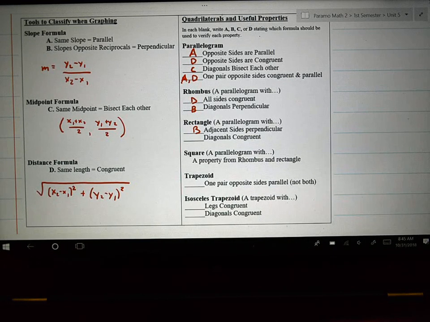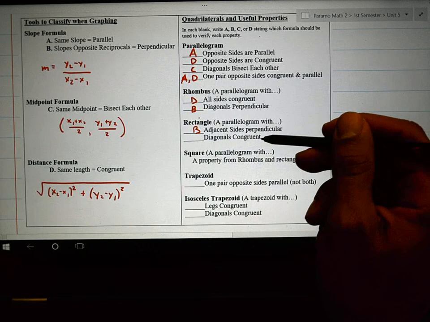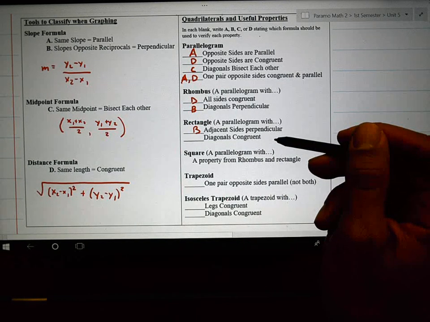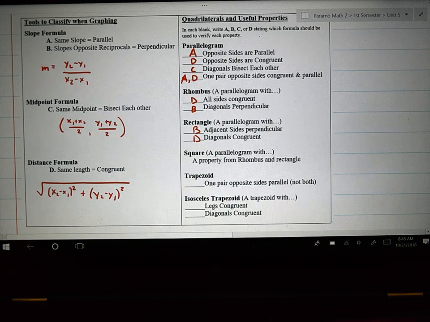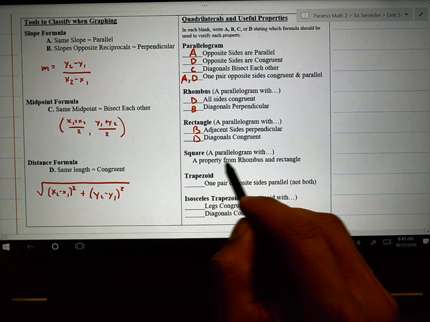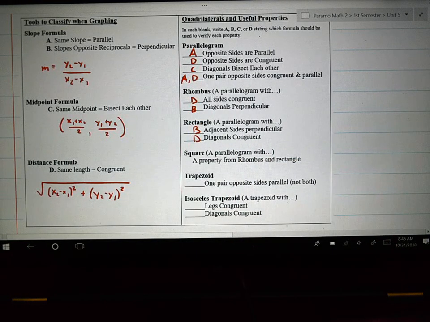If the diagonals are congruent, then it would be a rectangle. And the diagonals being congruent, you have to know their lengths are the same. Which formula would we use? A square is a property from a rhombus and a rectangle. They both have to be the same.